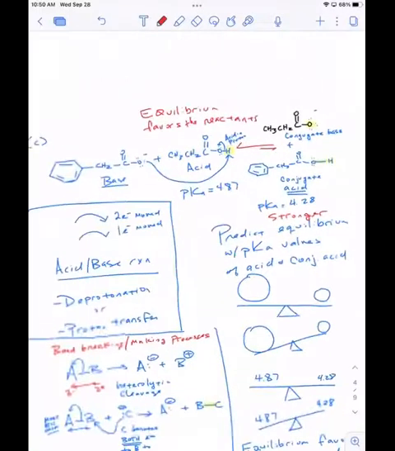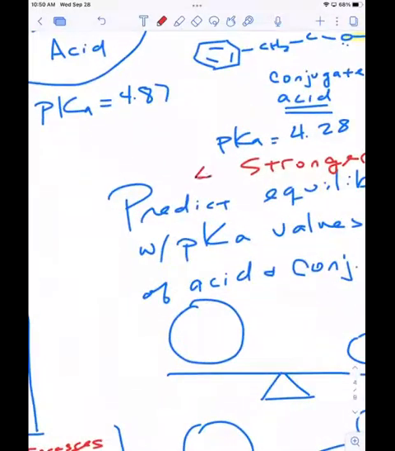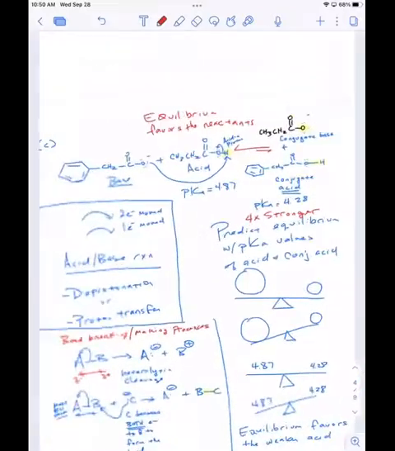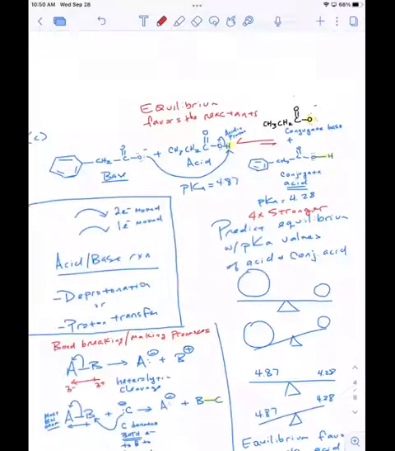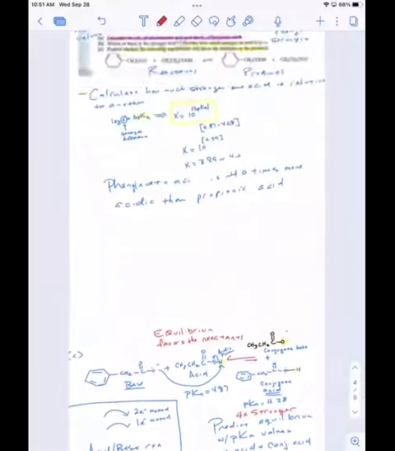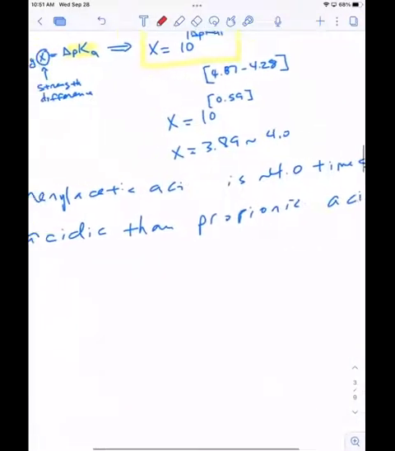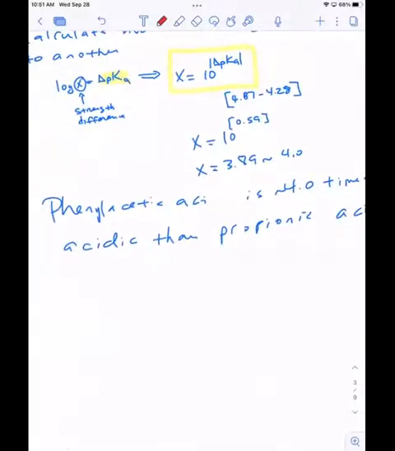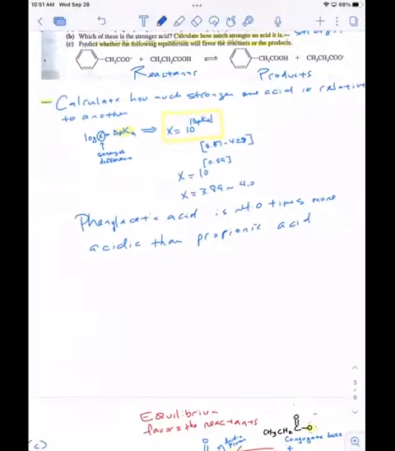We calculated that, didn't we? We said it was 4 times stronger than the propionic acid. Is that right? Did we calculate that up here? That is 4 times stronger. Roughly.